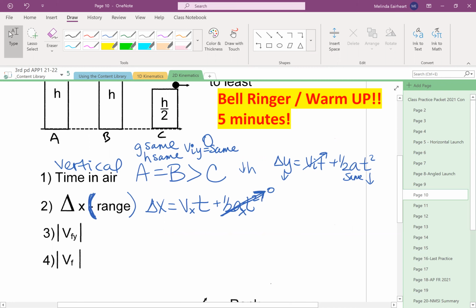So who's the greatest? A. And then who comes next? B and then C, but no equalities here, right? And so B and C, they have the same horizontal velocity, but B is in the air longer. Good deal?